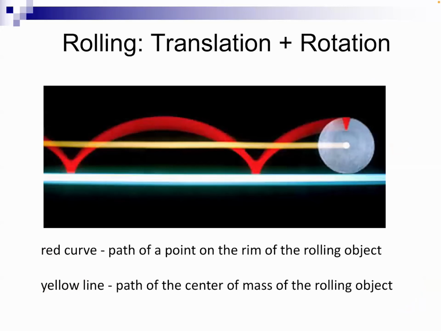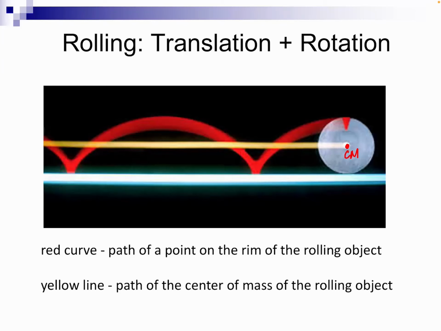So this is a time-lapse picture of rolling. The yellow line here shows a straight line, and this is the motion of the center of mass of the object. You have a circular object here. The center of mass is at the geometric center. As the object rolls, this yellow streak traces the path of the center of mass.